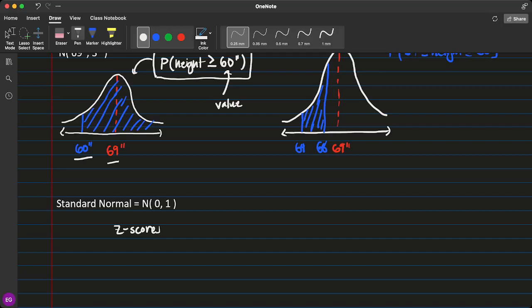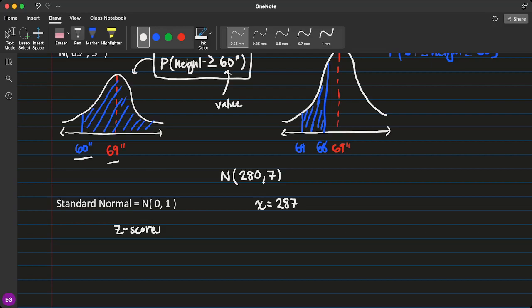So you might recall a while ago we talked about how the lengths of pregnancies are normally distributed. The mean pregnancy is about 280 days long, and it has a standard deviation of about 7. So let's say you're talking about someone who had a pregnancy that was 287 days long. That's a bit longer than average, which would be 280.